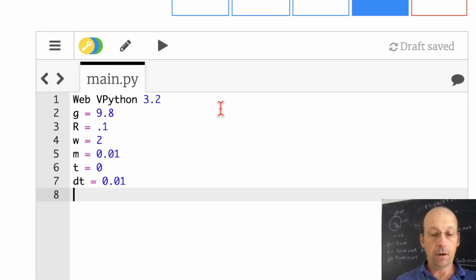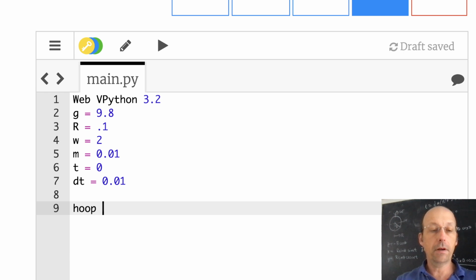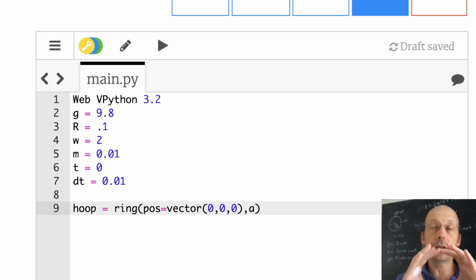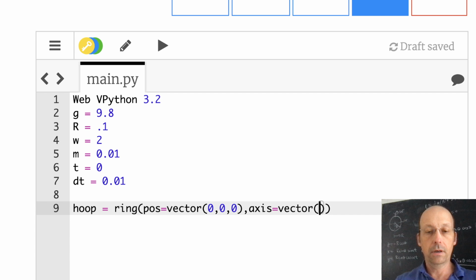Got it. Okay, so let's call this hoop. It's a ring. Its position is going to be the origin. Its axis, I want it oriented, so let's have the axis in the x direction. Axis equals vector(1, 0, 0), because I want z up and down.